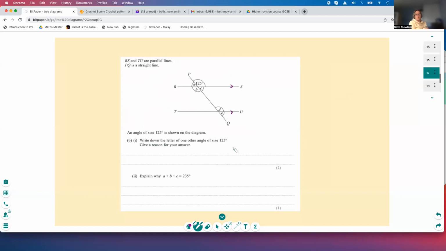Now we have 2 options here. We can either say B, because vertically opposite angles are equal. So look in this top bit, we've got B is opposite the 125.